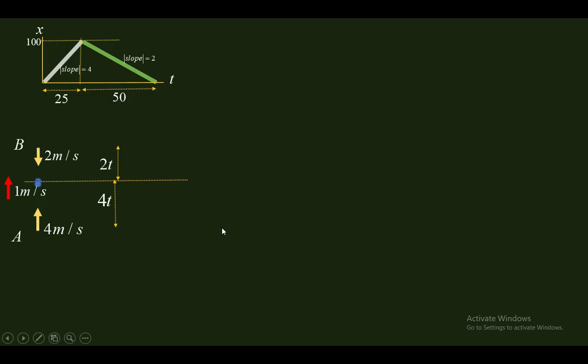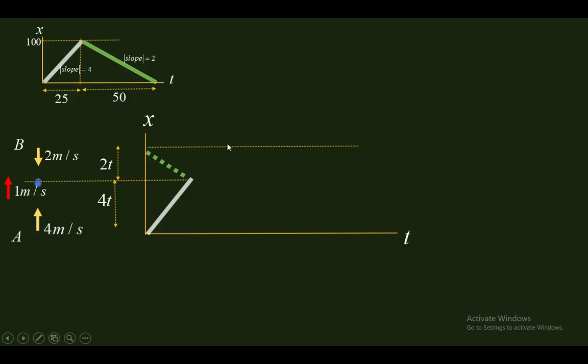Now, I'm just drawing the x-t graph for A and B. Since the velocity of A is 4, its graph will be just like the graph shown above in white. So I'm drawing the graph for A as a white line, and the graph of B will be as it is shown in this graph as a green line.